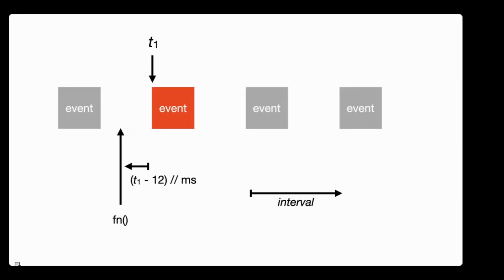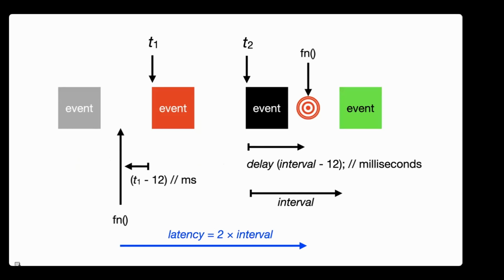So here's the problem. The event occurs, and I want to call my function 12 milliseconds before that event. The interval between events is known. The way that I actually solved this problem was by waiting until the event after the event that I wanted occurs.